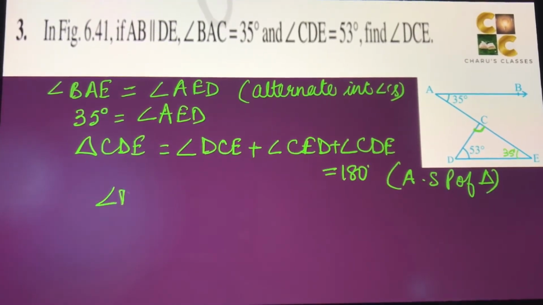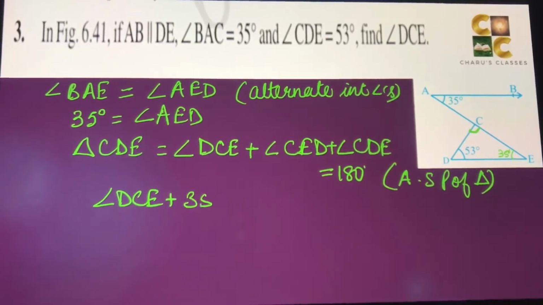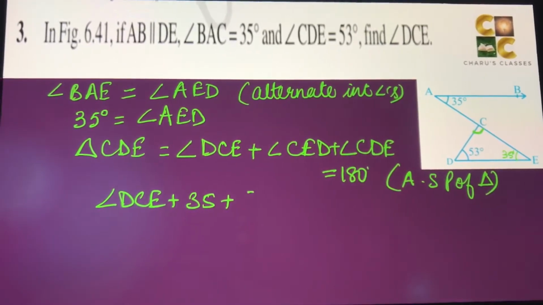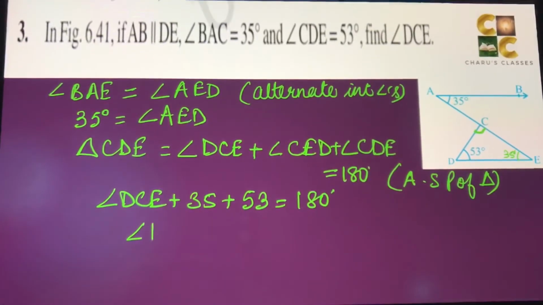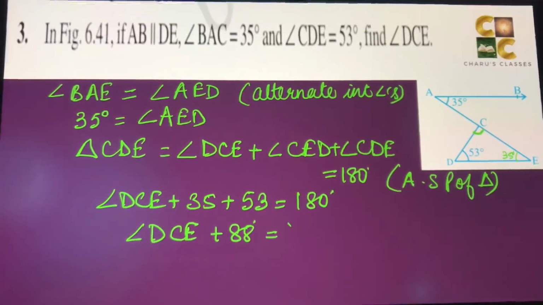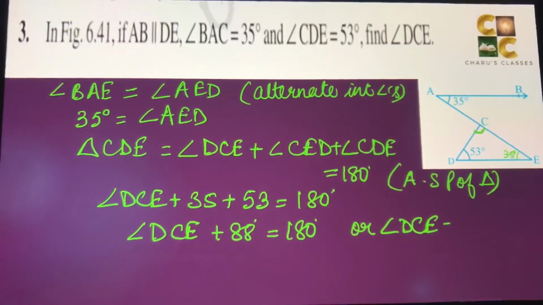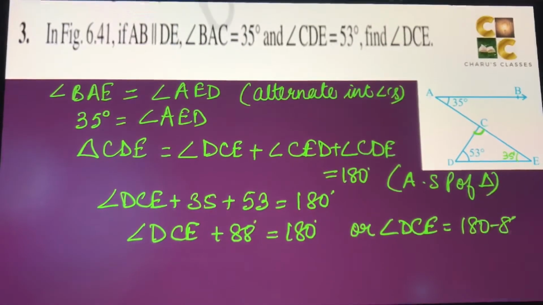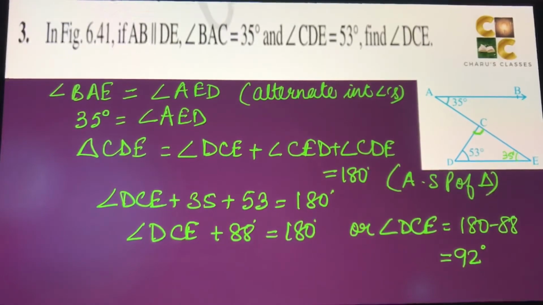So angle DCE, which we have to find out, plus angle CED, which is 35, and angle CDE is 53, this total should be 180. Or we can say angle DCE plus 88 degrees is 180 degrees, or angle DCE is equal to 180 minus 88 degrees, which is 92 degrees.